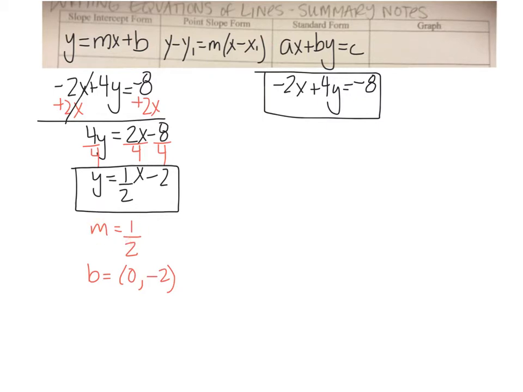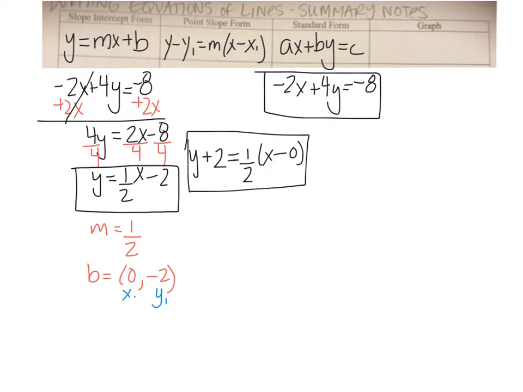That's perfect for writing the point-slope form. So if I use this for my x sub 1 and my y sub 1, I can go straight to my point-slope form, which is y minus y1, notice I changed the sign, equals m times x minus x sub 1.